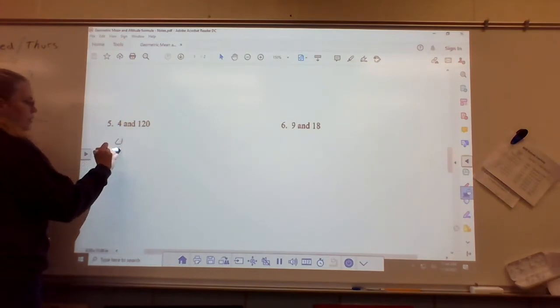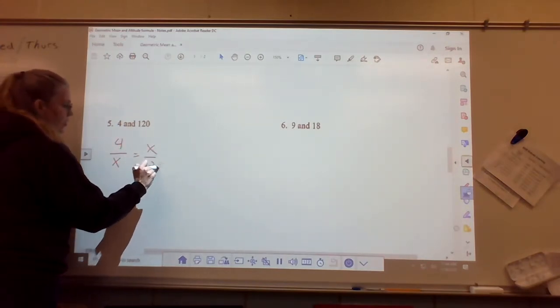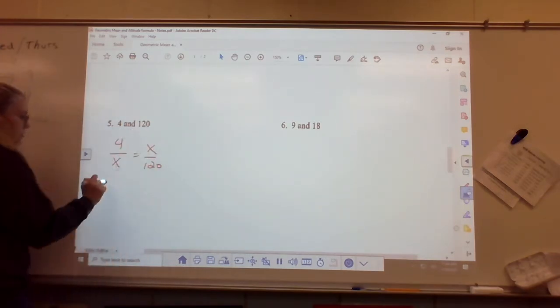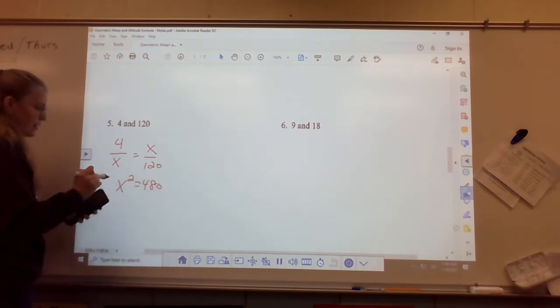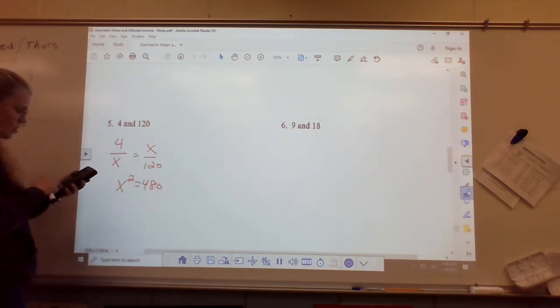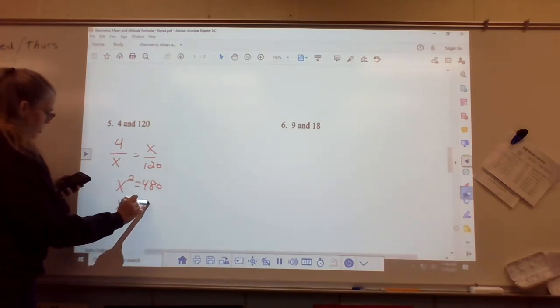4 and 120. So 4 over X, X over 120. Multiply out those diagonals. X squared equals 480. Again, this one isn't going to come out even. So take the square root of 480. X equals 21.91.